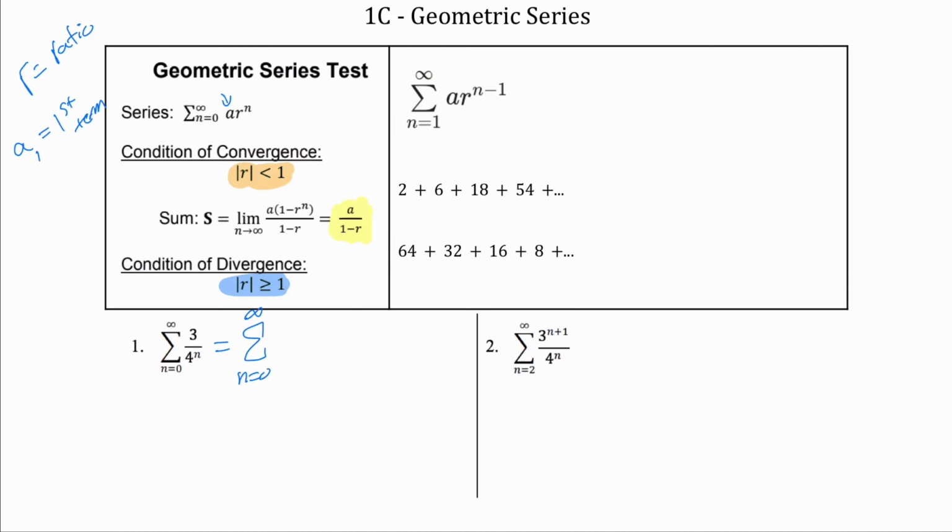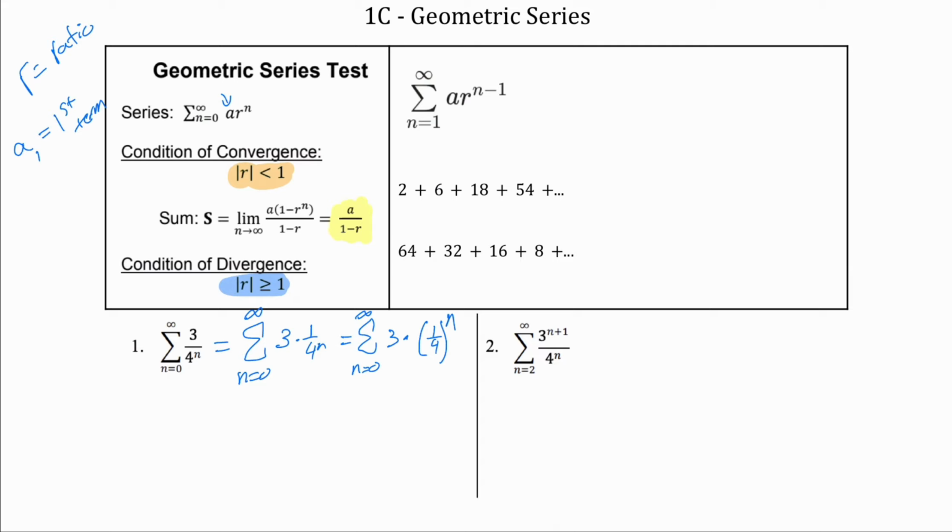For instance, in this one here, we have 3 over 4 to the n. We can rewrite this as 3 times 1 over 4 to the n. But we're still not quite at that geometric recognition, so we can rewrite this as 3 times (1 over 4) to the n. I'm allowed to raise that 1 to the n because 1 to any exponent is still just 1.